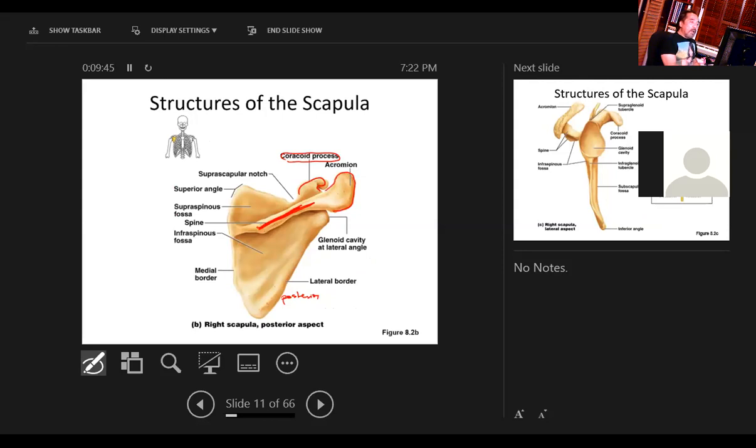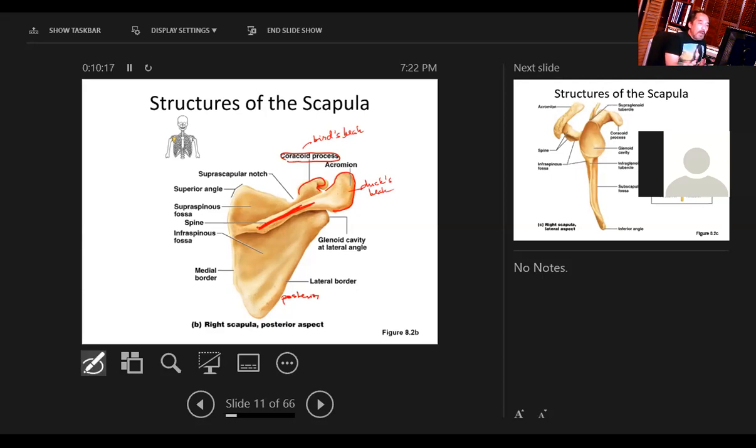If I want to associate this with something similar, the coracoid process looks like a bird's beak, okay? But the acromion process is flat. It looks like a duck's beak, okay? That's another way to look at it. So at the end of the scapular spine is your acromion process. The coracoid process exists in the front.